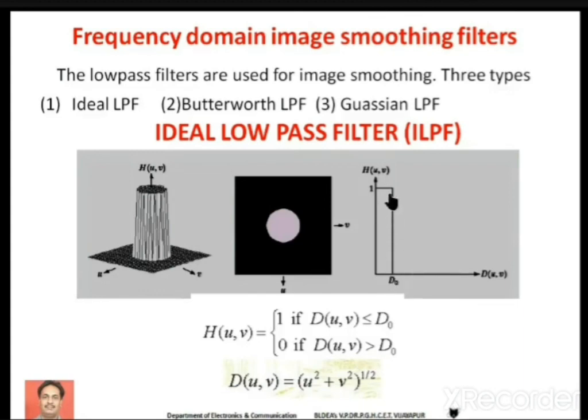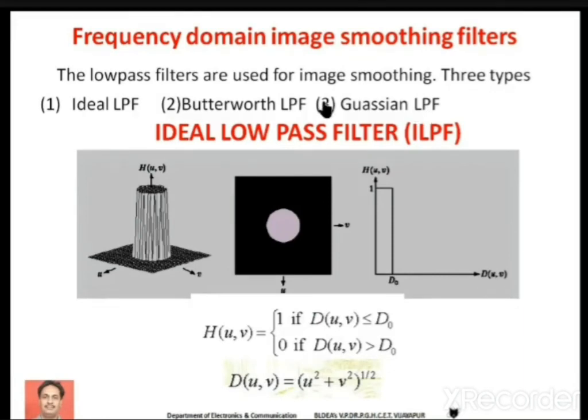Due to this sharp cutoff, there will be discontinuity of the signal, and that may sometimes lead to loss of information in real-time applications, because of this sharp edge. That's why we go for the practical filters, Butterworth low-pass filters and Gaussian low-pass filters.